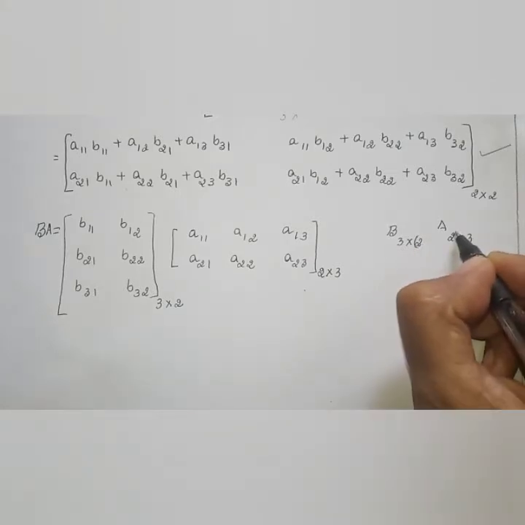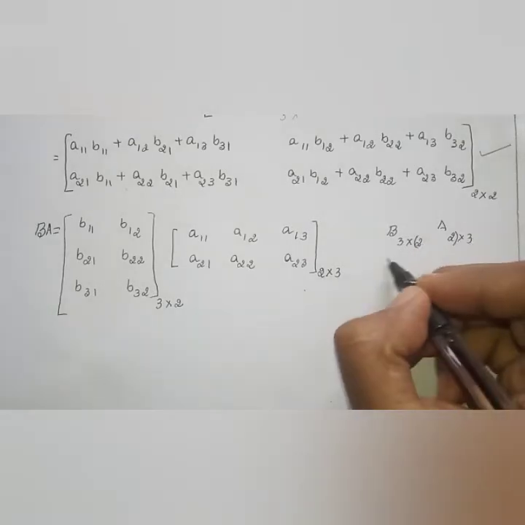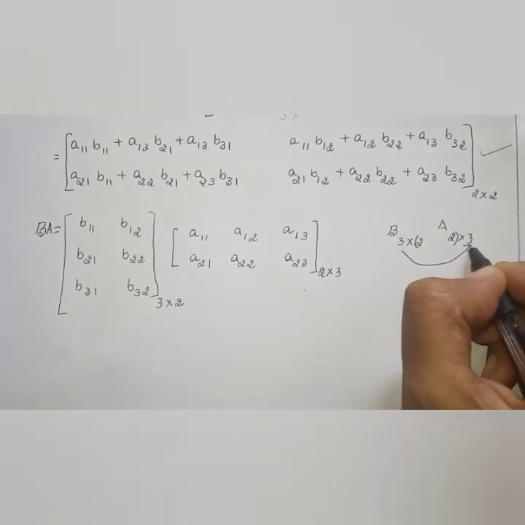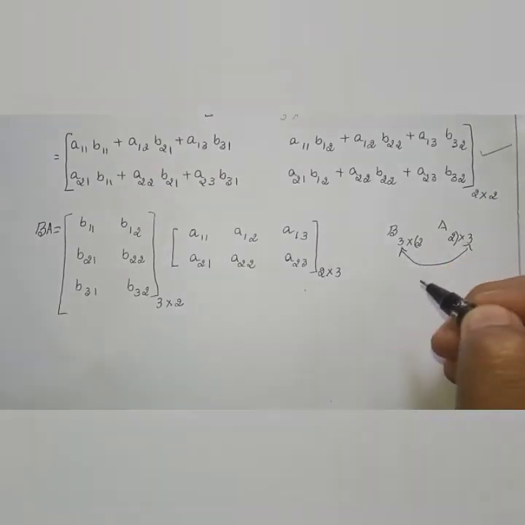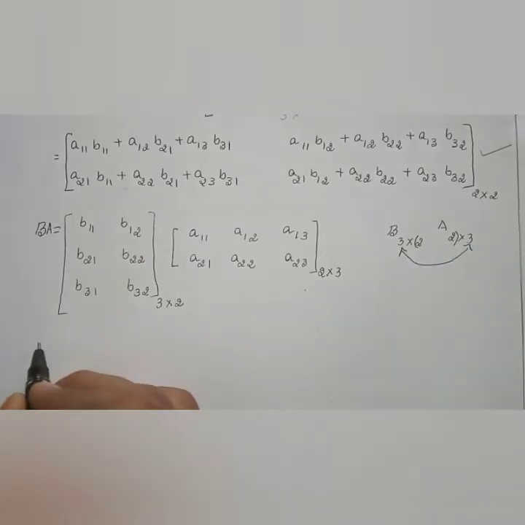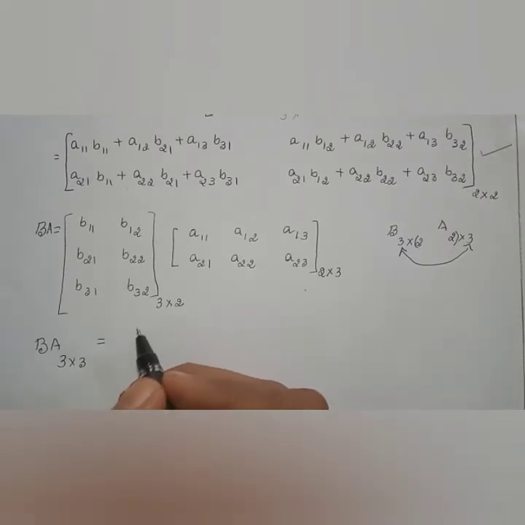So the middle two numbers are equal. Therefore, the resultant is of order 3 by 3. Therefore, BA exists, and the order should be 3 by 3. So 3 by 3 entries, you know.